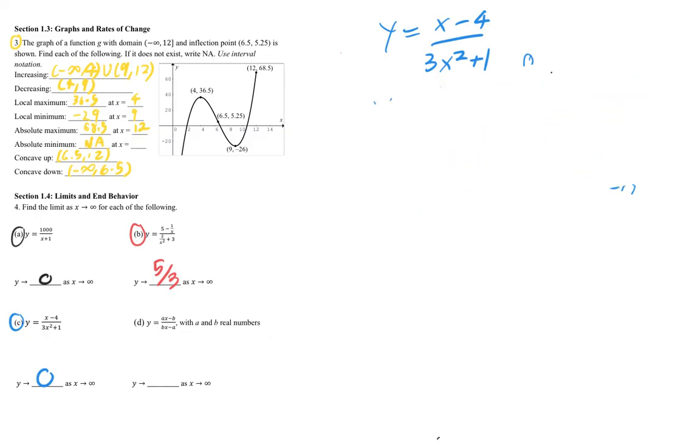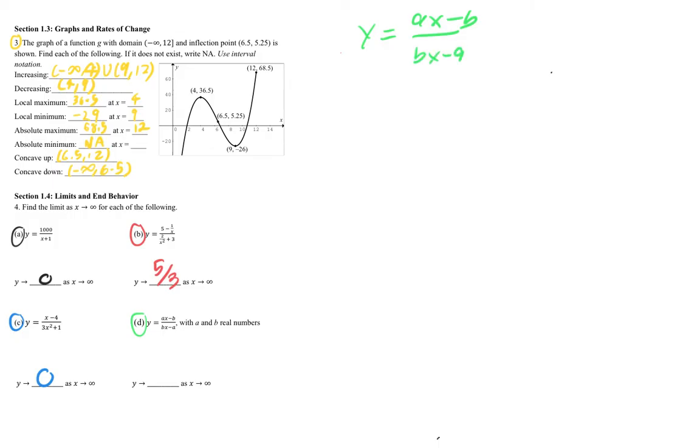So next, let's look at part D here. Part D is y is equal to ax minus b over bx minus a.